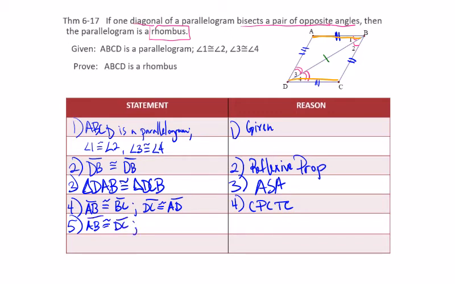And we can say that AD is congruent to BC, because those are opposite, and we have a parallelogram. And that's because if it's a parallelogram, then opposite sides are congruent. Okay. All right.